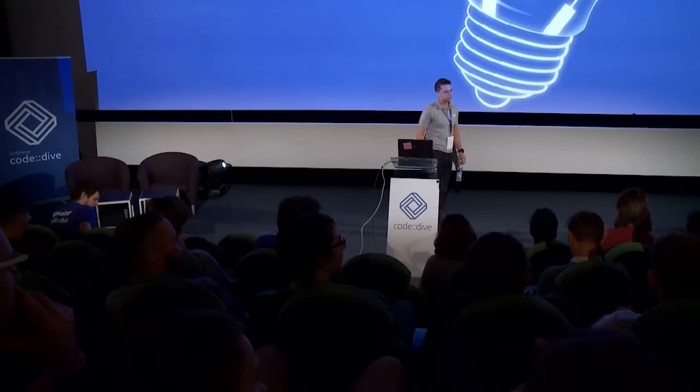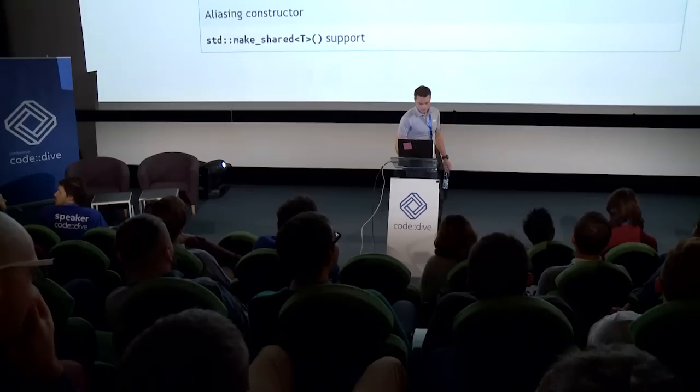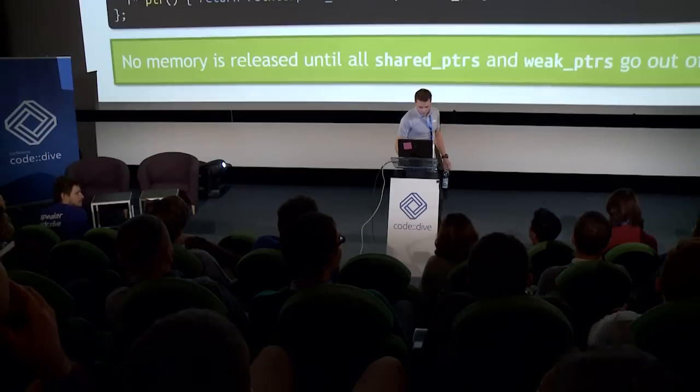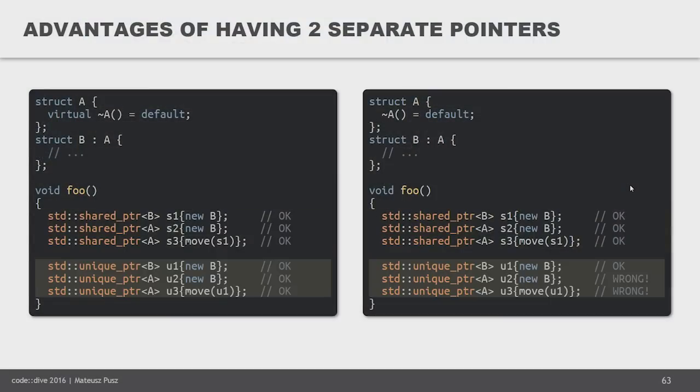So we have class A, class B, B extends A, and let's say we have a function. Do you remember? This is this example. If you've got a function which expects a unique pointer specialized by A, you cannot pass the unique pointer specialized by B, because it can be done for the shared pointer.